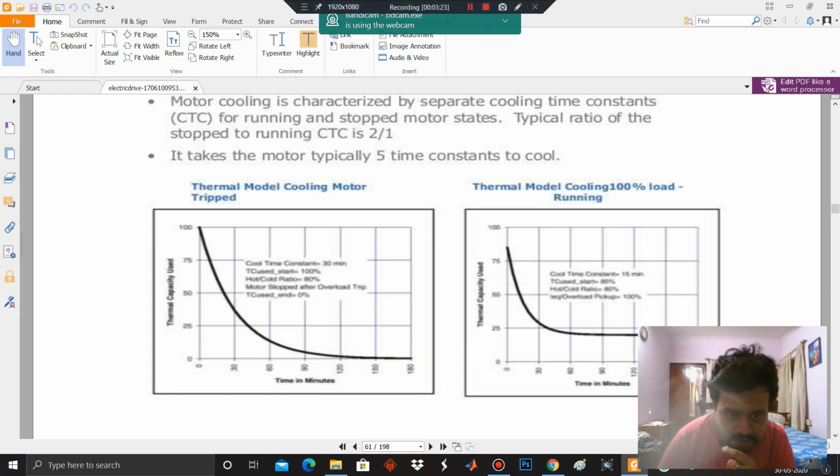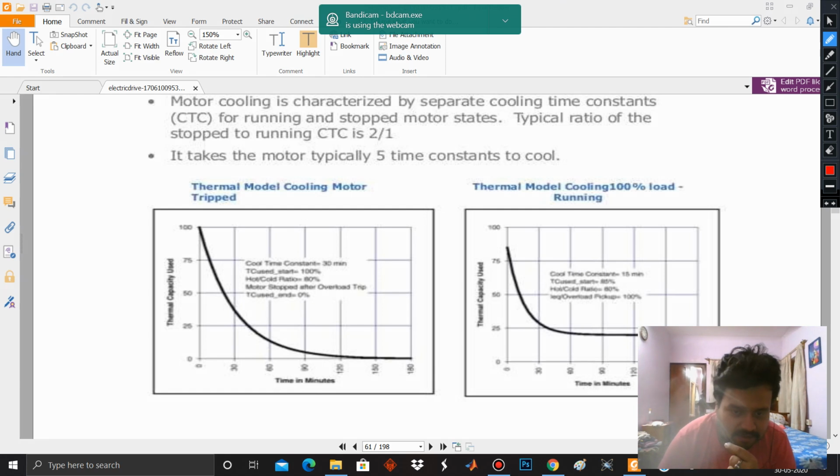Hot to cold ratio, motor stopped after the overload trip, cool time constant 30 minutes. So these are the parameters, and what thermal capacity has been used is given over here. This is the time in minutes, and this is the thermal capacity used. So it takes the motor typically 5 time constants to cool.